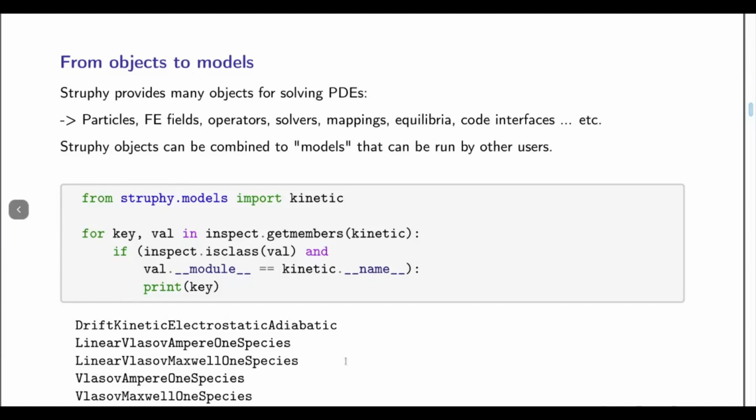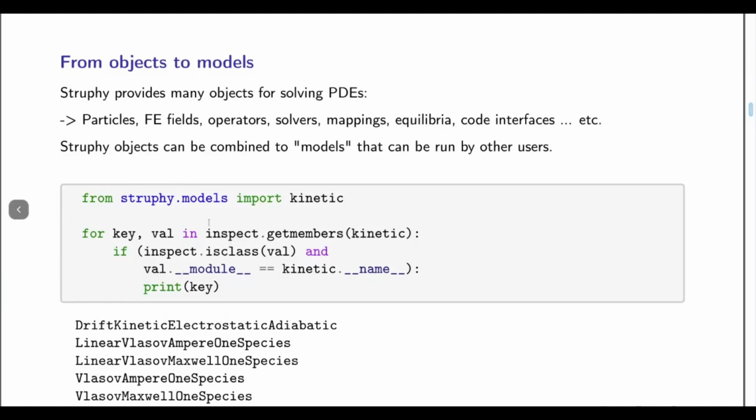All these objects within Struphy can be combined in a sort of Lego approach to create models that can then be run by other users. Models is a specific base class in Struphy, the Struphy model base class, which guides you when you want to write a new model for your system of equations that you want to solve.